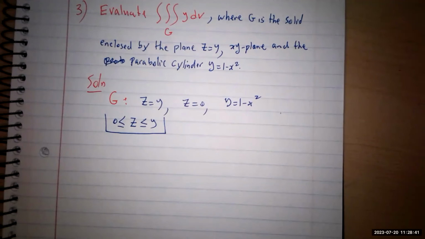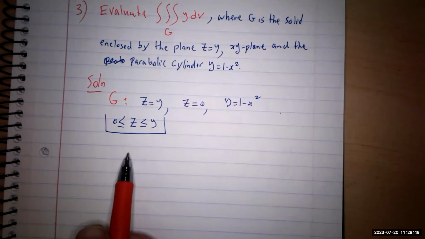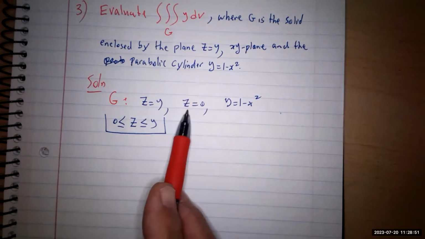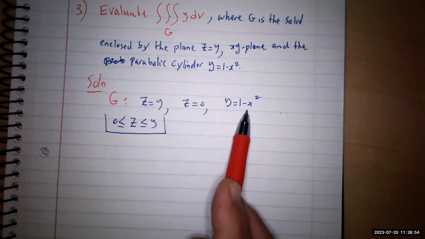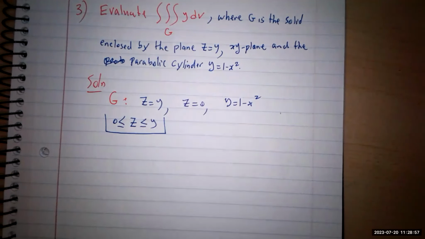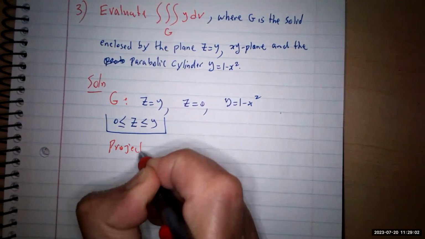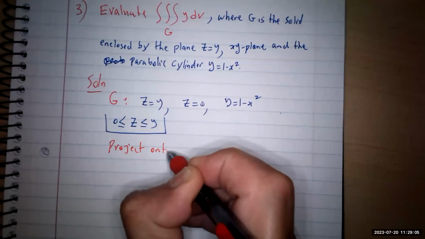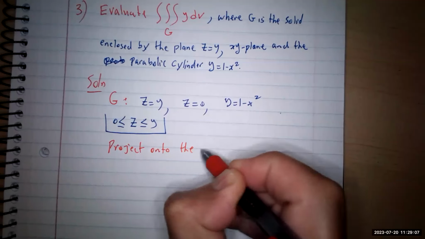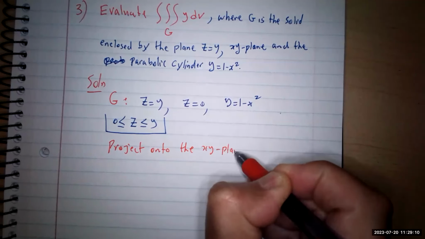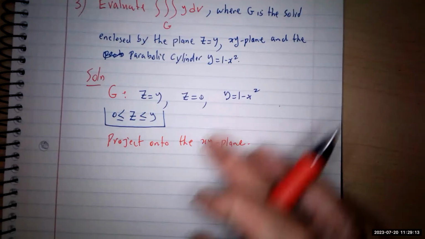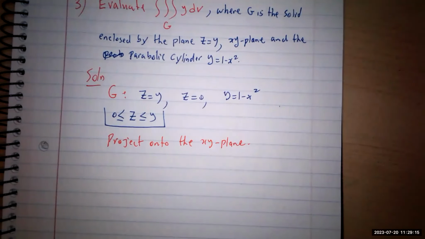You drop it down to two dimensions to get these numbers. If you put z equal to 0, that would be interesting because you want to drop it down to see what is going on. So the projection onto the xy plane: you already have y equals 1 minus x squared, but the situation is this.